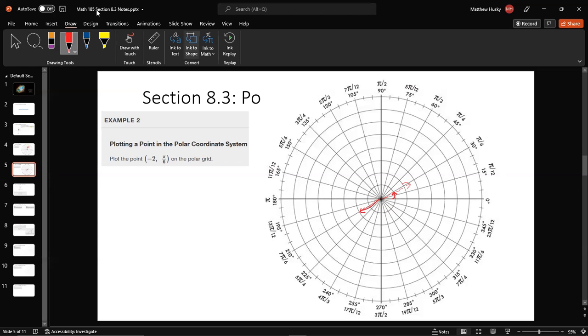So the point negative 2 comma pi over 6 is going to be right there. And so essentially what happens is that if you were going positive 2, you go this way, but since it's negative, we're going to go 180 degrees and basically go backwards.